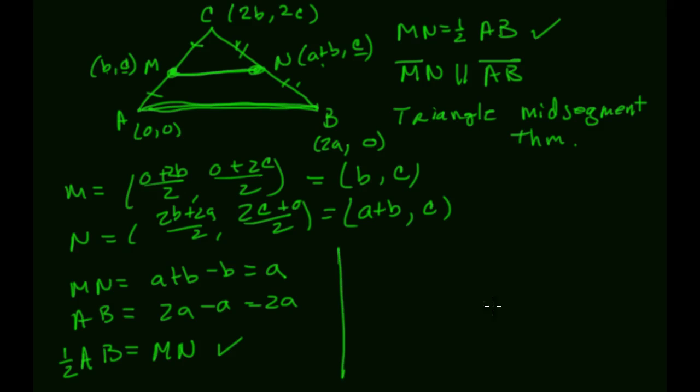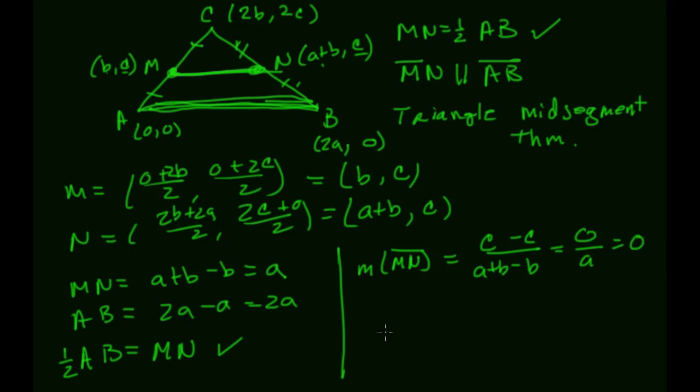All right. Now, how do we prove that two lines are parallel using coordinates? Well, we show that they have the same slopes. So let's see, what's the slope of MN? That's y2 minus y1 over x2 minus x1. That's 0 over a, which is just 0. And how about the slope of AB?